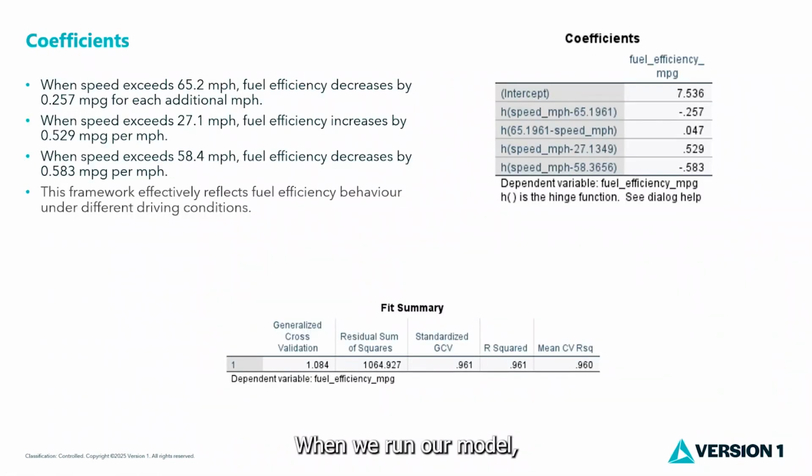When we run our model, of course, we'll receive the fit summary table. We can see that here, and the coefficients. So what we see is that when speed exceeds 65.2 miles per hour, fuel efficiency decreases by 0.257 miles per gallon for each additional mile per hour. You can see that here.